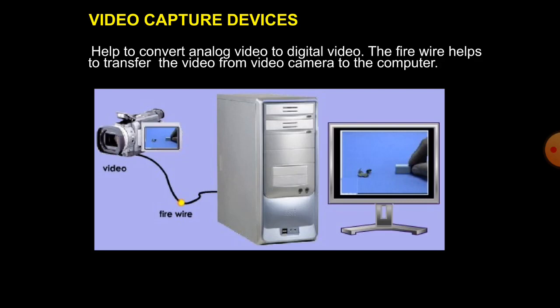So in the picture we have seen, we are connecting one wire from a video camera to the CPU. That is called a firewire. This firewire will help transfer the video from the camera to the computer, that means to the system. So these are the video capturing devices we are having.